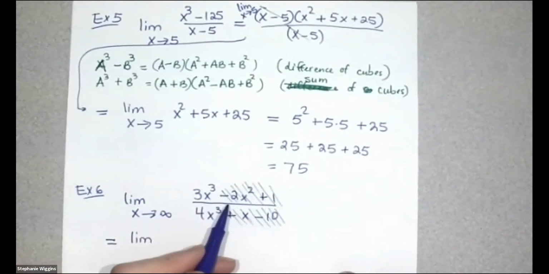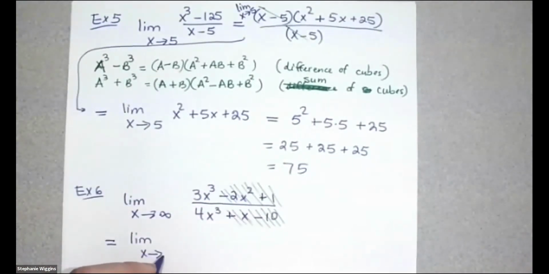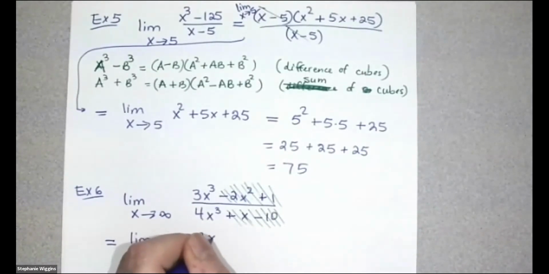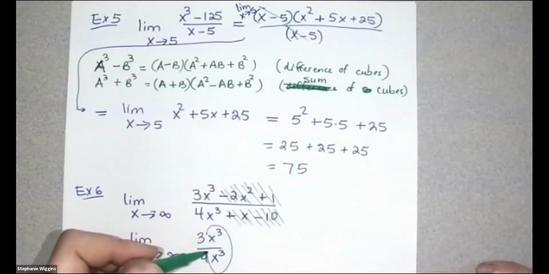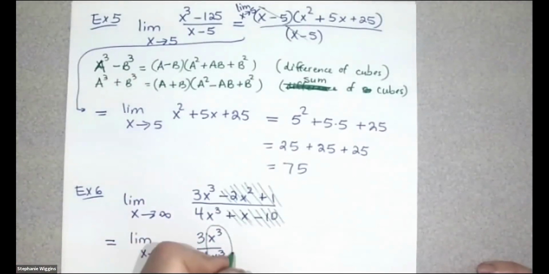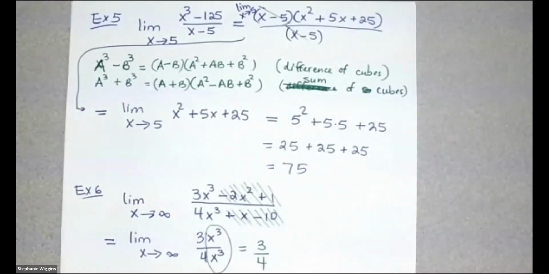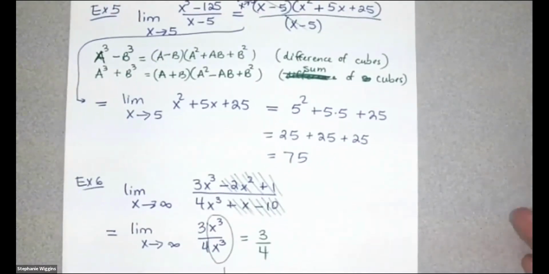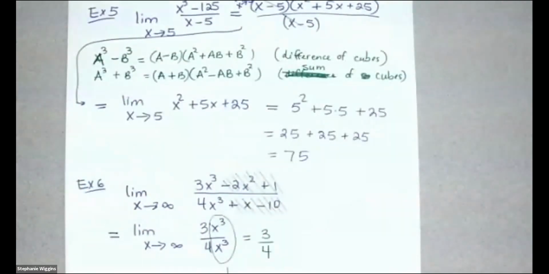Because these are inconsequential for really large numbers, this limit is equivalent to 3x cubed over 4x cubed. And now, what is this? This is just 1, right? So this becomes 3/4, and that's our limiting value. It's kind of interesting, but it's a very different approach because we're dealing with infinity as opposed to a constant number.